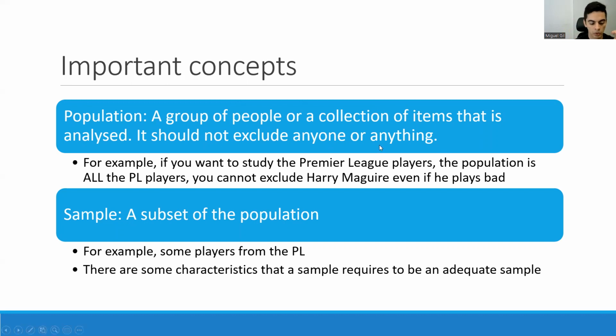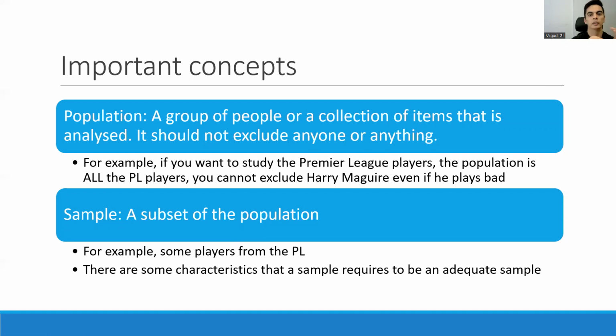But it is a challenge to study everything, right? Like imagine, as I said, studying every football player in the world, amateurs, professionals, and everyone. That is such a huge challenge, right? So in order to study them, what we can do for practical reasons is to only study a sample. A sample is a subset of the population.